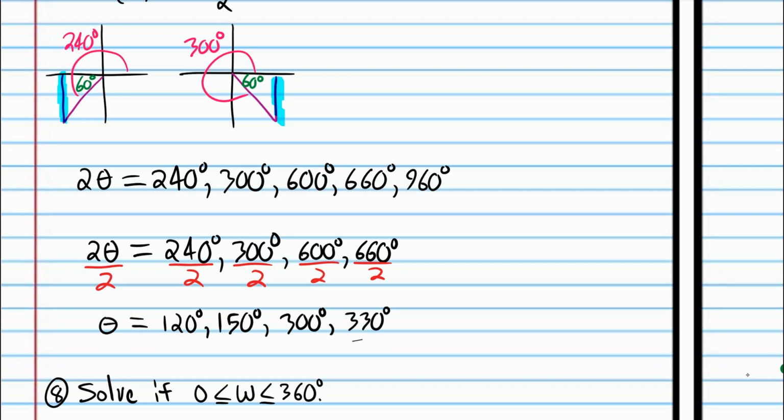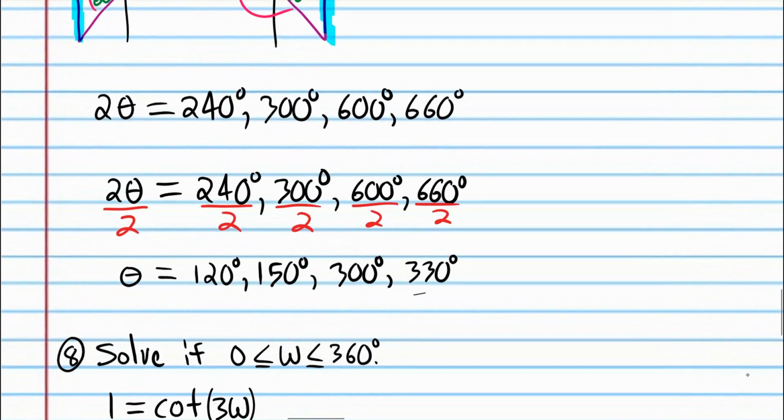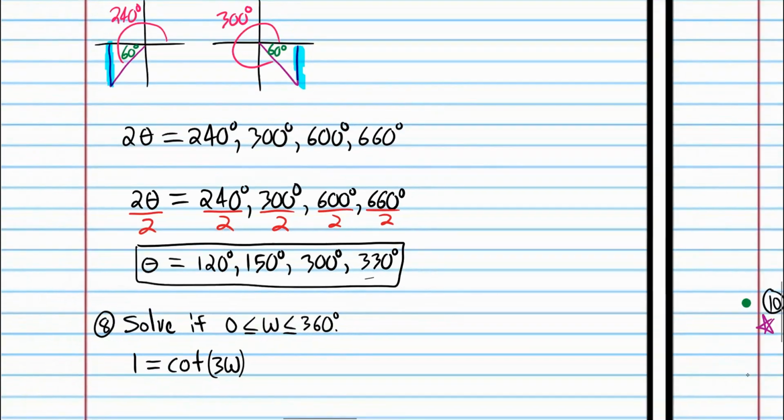Now 480 is too big, so we know we can stop at that point. We don't need that. So the solutions are 120, 150, 300, and 330.